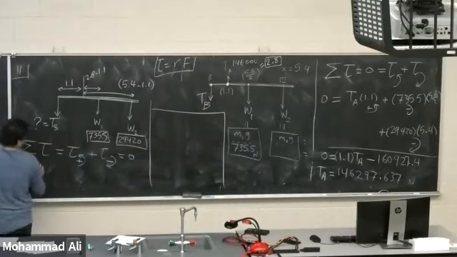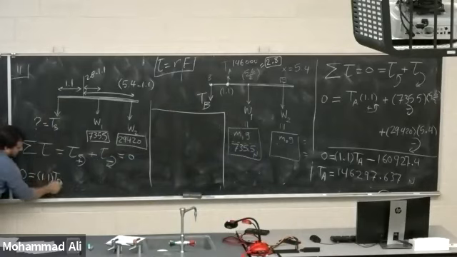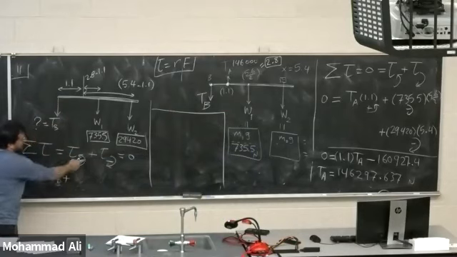So we have 0 equal to counterclockwise, which is B. B is counterclockwise, by its length, which is 1.1 TB, plus we have minus quantities there because they are clockwise, as you see.